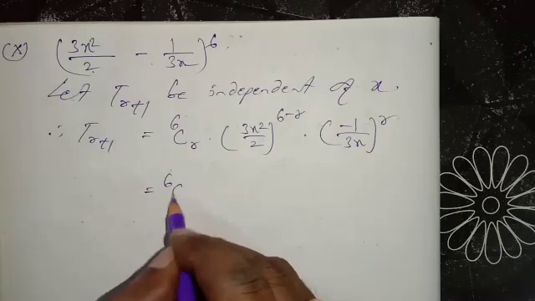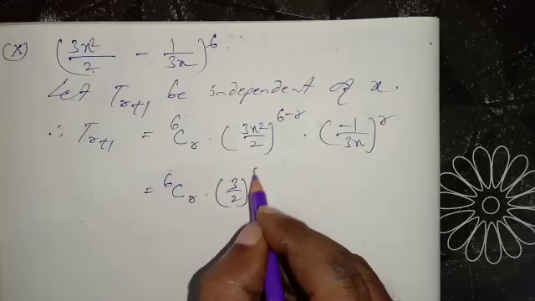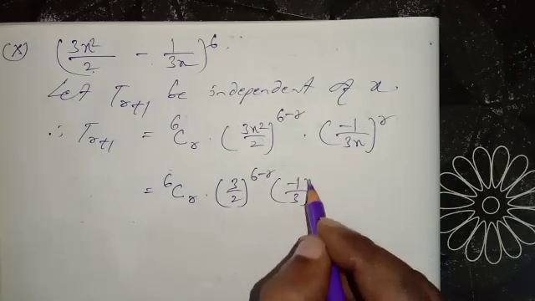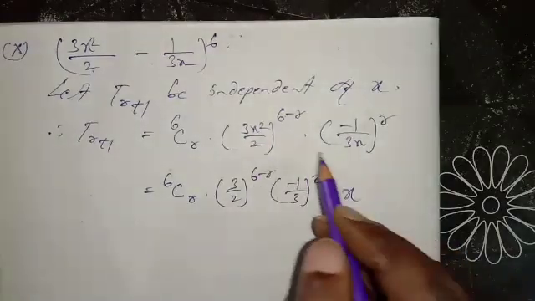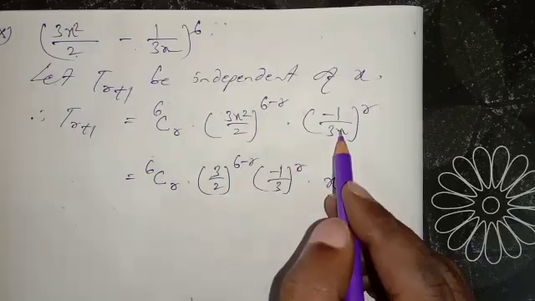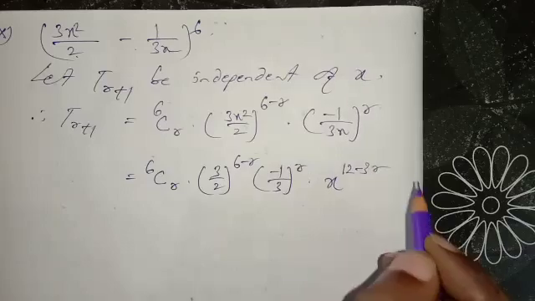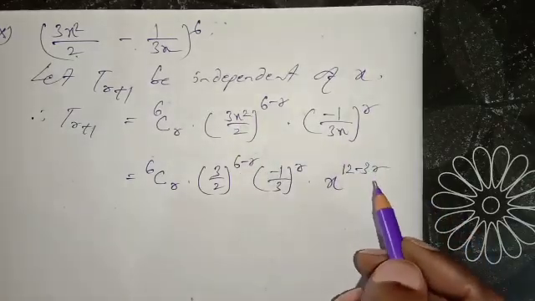Then this is 6Cr, separate the 3 by 2 to the power 6 minus r, and here minus 1 by 3 whole to the power r. X to the power, this will be 12 minus 2r, and here x to the power minus r, that means 12 minus 3r.